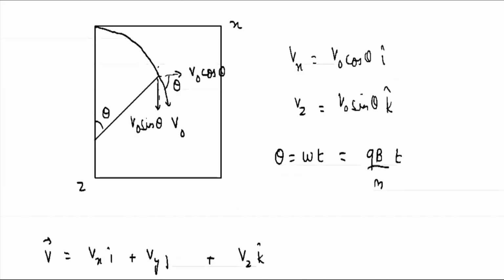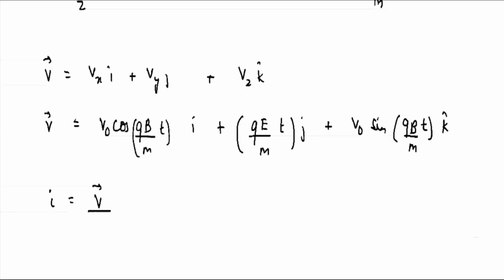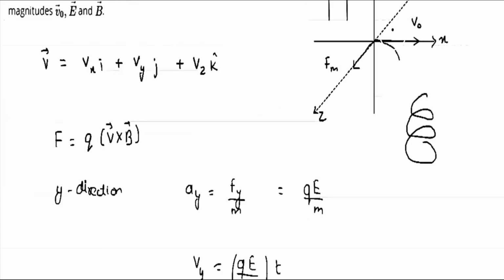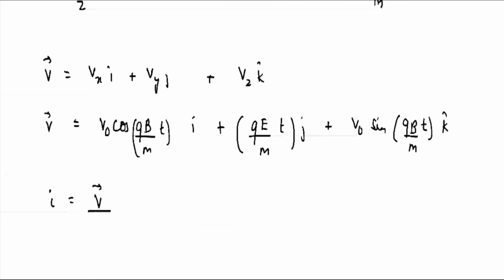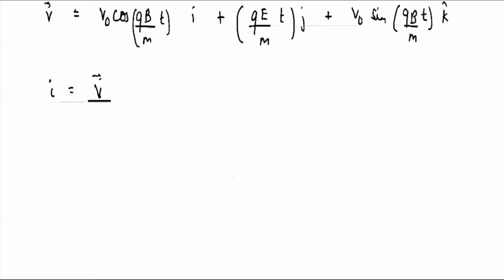The velocity vector is given as v naught, so if we divide it by its modulus, we get v naught vector divided by mod of v naught. So i would be equal to v naught vector divided by mod of v naught.